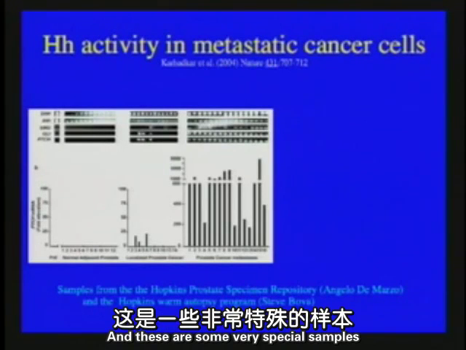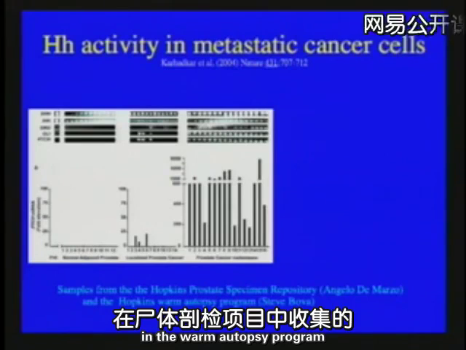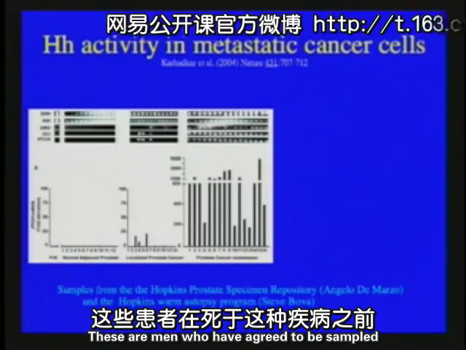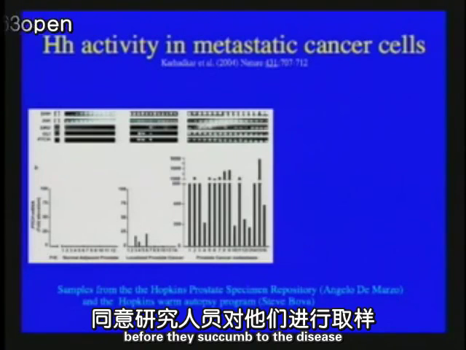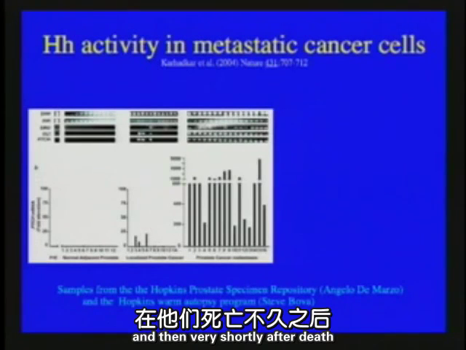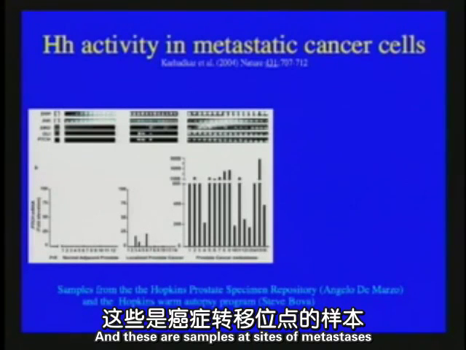So I'd like to now show you just a little bit of data in the area of prostate cancer. And these are some very special samples collected by Steve Bova at Hopkins in the warm autopsy program. These are men who have agreed to be sampled before they succumb to the disease, and then very shortly after death, samples are obtained. And these are samples at sites of metastases.